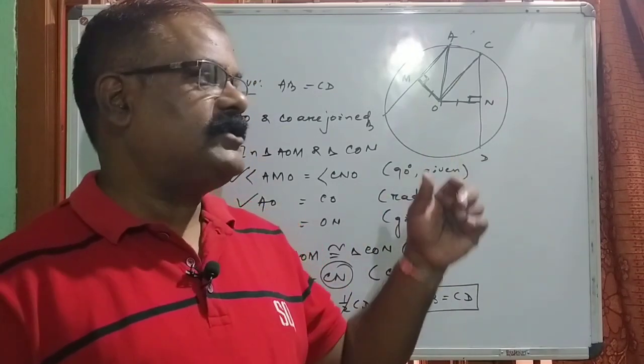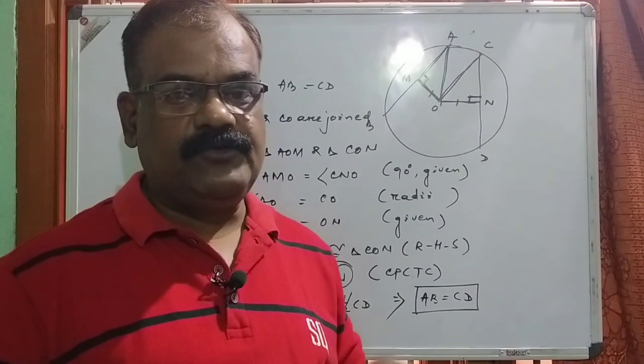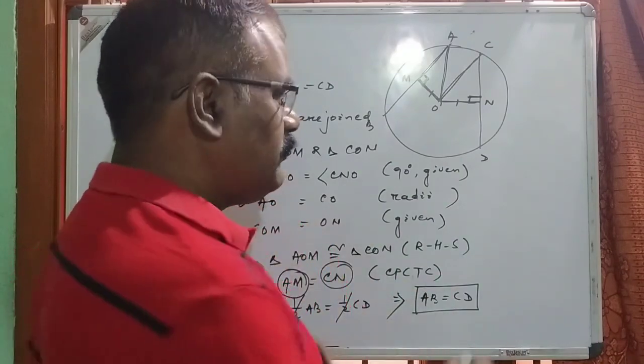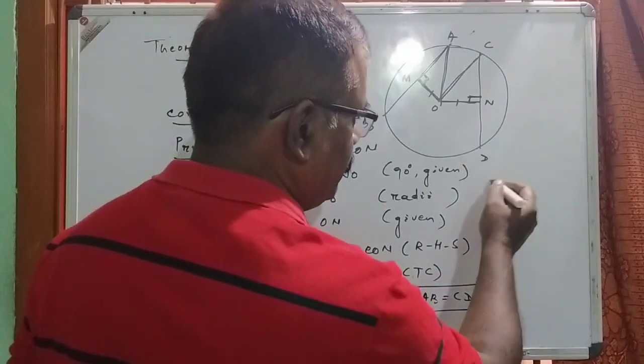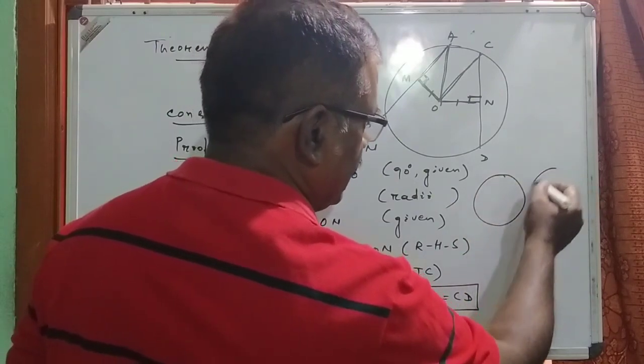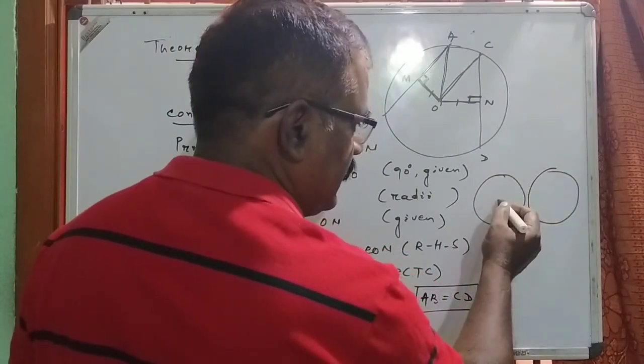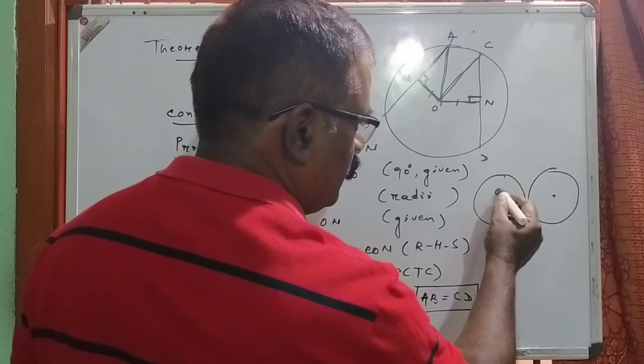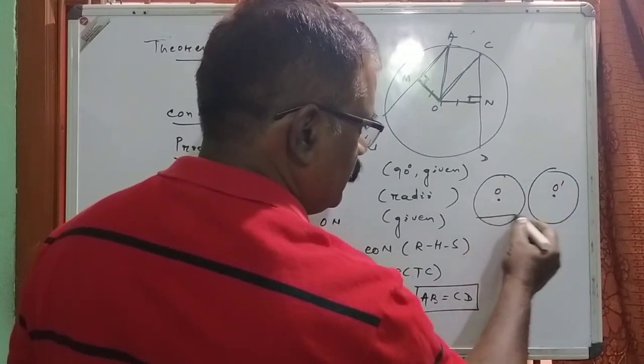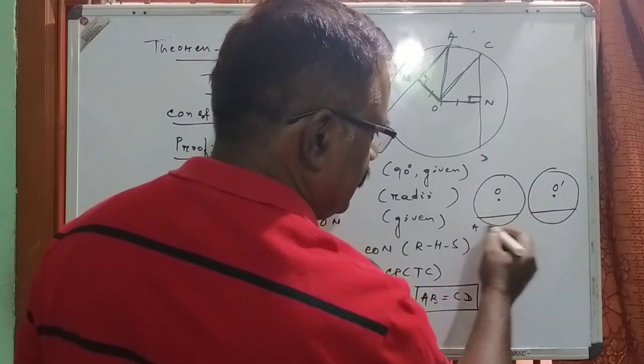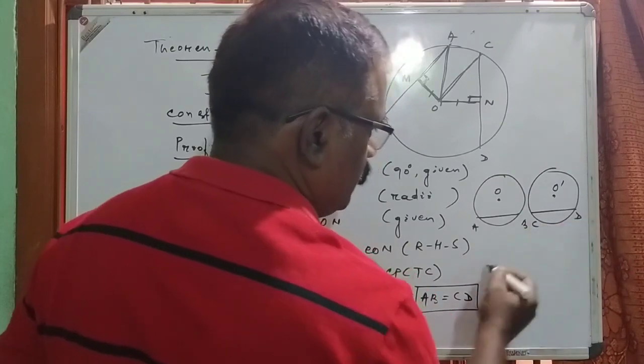The same statement can be proved also in two congruent circles. If we have taken two congruent circles in the same manner, with centers O and O dash, and here two chords are there, AB and CD. AB and CD are two chords.